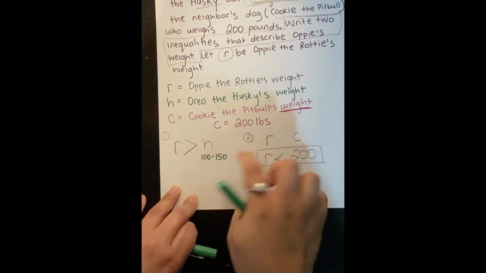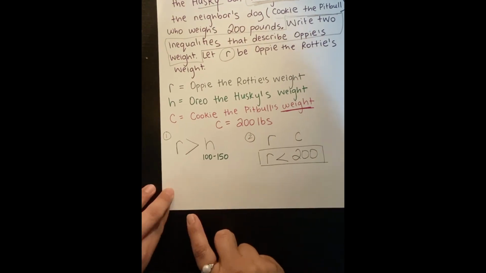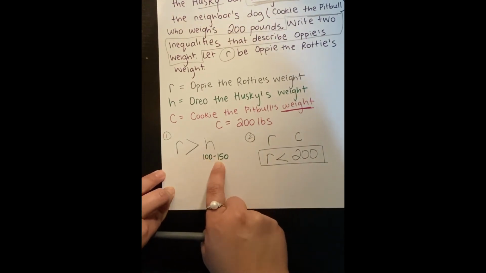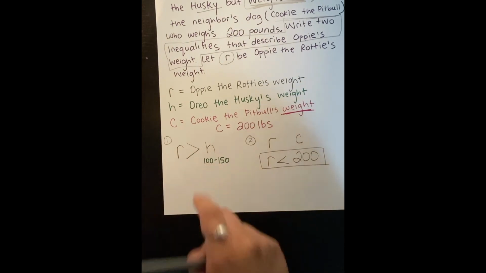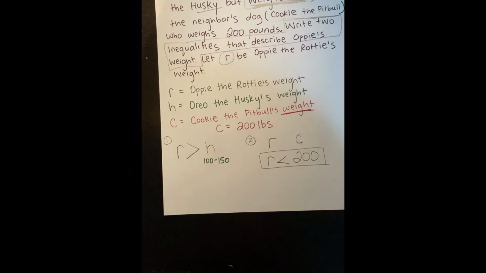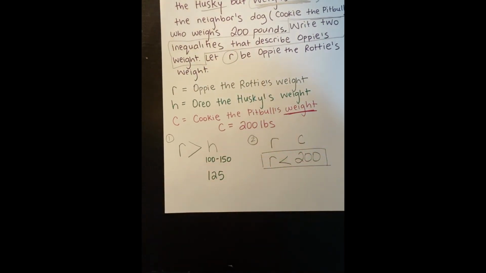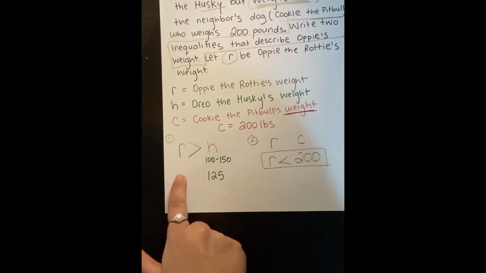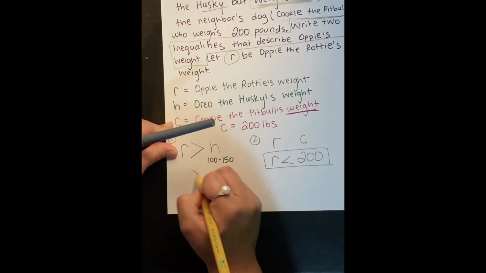Husky is in between 100 and 150 pounds. So whichever weight the Husky is, the Rottie needs to be greater than that. Let's say, for example, that our Husky is 125 pounds. The Rottweiler needs to be heavier than 125 pounds.